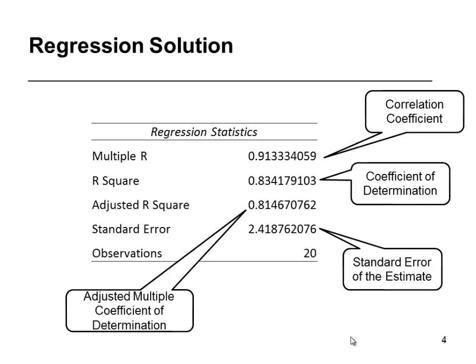You actually make it a little bit weaker because the bottom line is the more independent variables you have, the more conservative you need to be in terms of the claims you make about the fit of the line. And so this adjusted R-square, this adjusted multiple coefficient of determination, is going to be a little bit lower than your original coefficient of determination to reflect this extra, more conservative factor in the regression.